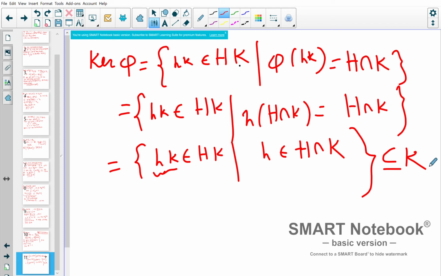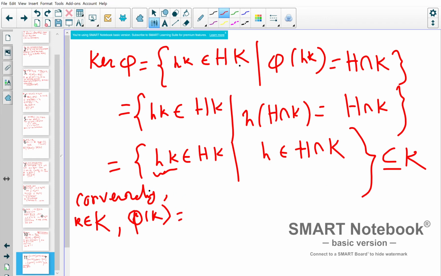Now we need to prove the converse also, to prove the kernel is actually K. The converse part is obvious actually. Conversely, you choose any small k belonging to K, and you check what is phi of k. Then you are done, right? By definition, the image of k is what?